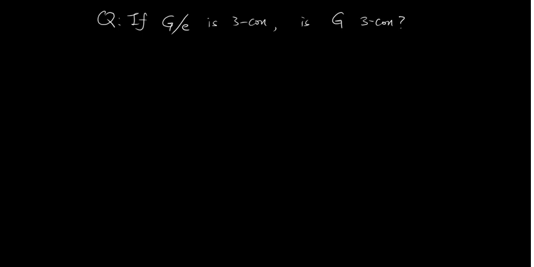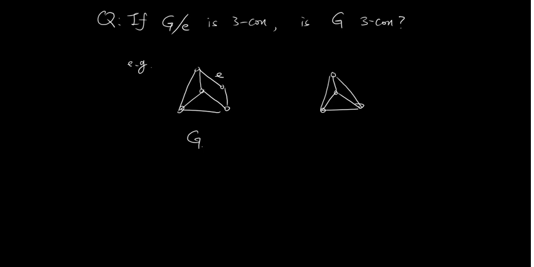This is a reasonable question. But if you play with that just 2 or 3 minutes, then you will realize that it's a super easy question. Let me show you an example. This is G, this is E, and after the contraction, it is K4.